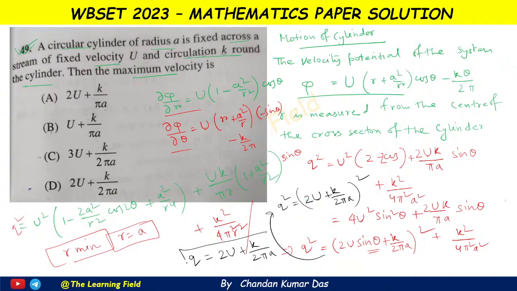This is the required answer. Which option? 2u plus k by 2 pi a. I think it's option D. Okay, so this is the correct answer, and this is a problem on motion of a cylinder from fluid mechanics. Okay, now going to the next question.